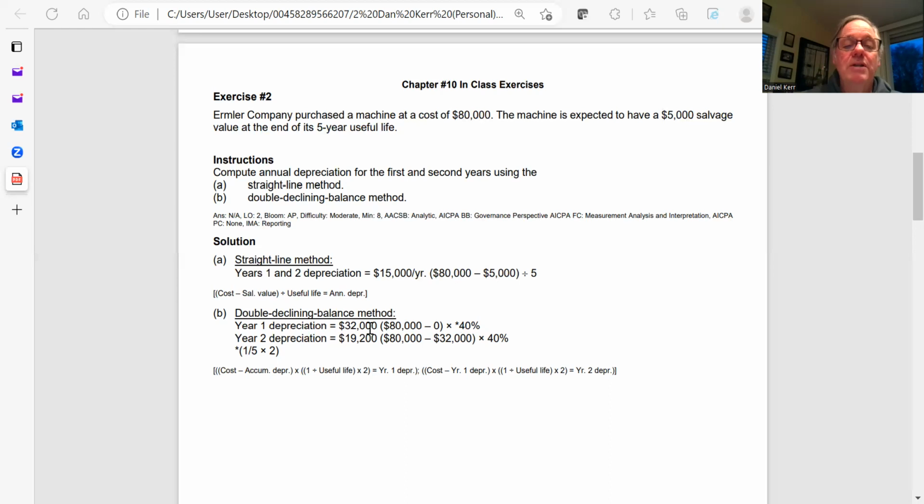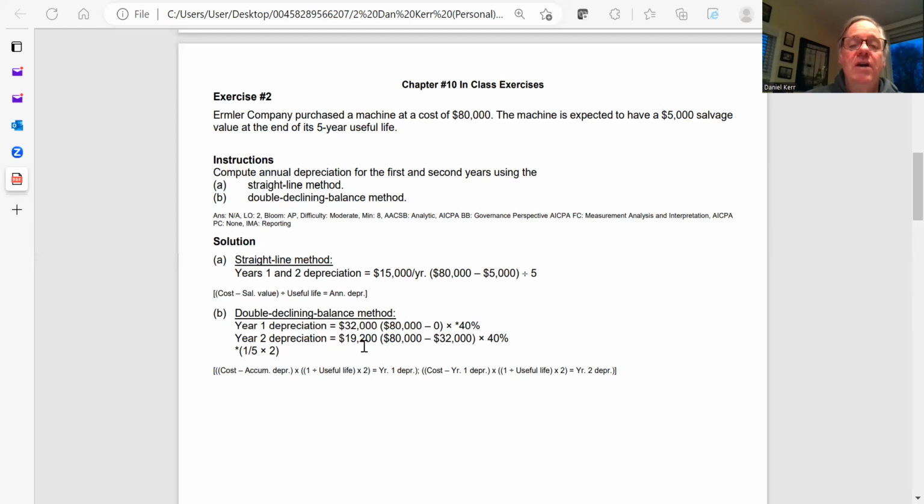Second year, and this is why we call it double declining balance. So we use double the rate rather than using 20%, we use 40%. And we call it declining balance because notice what happens, beginning of the second year, the book value is $80,000 minus the $32,000 worth of depreciation we took the first year times 40%, and that gives you 19,200.